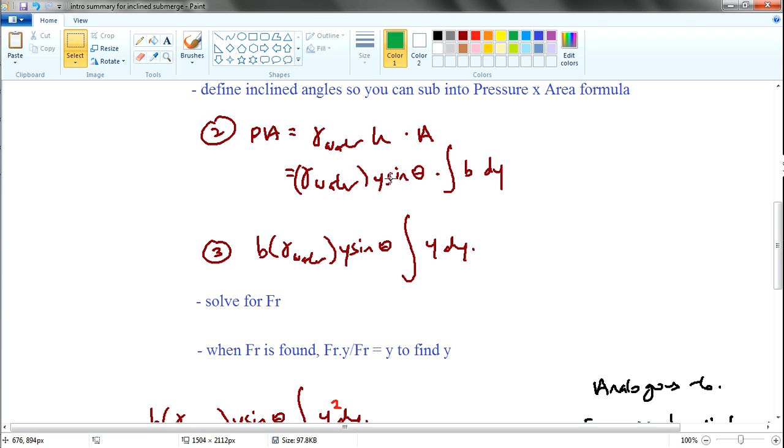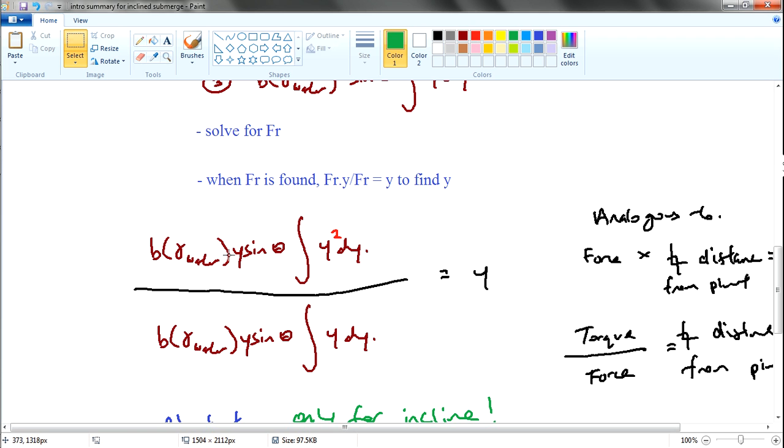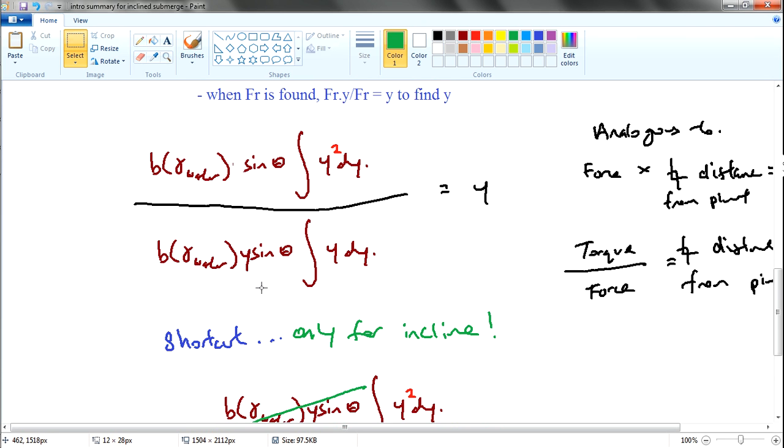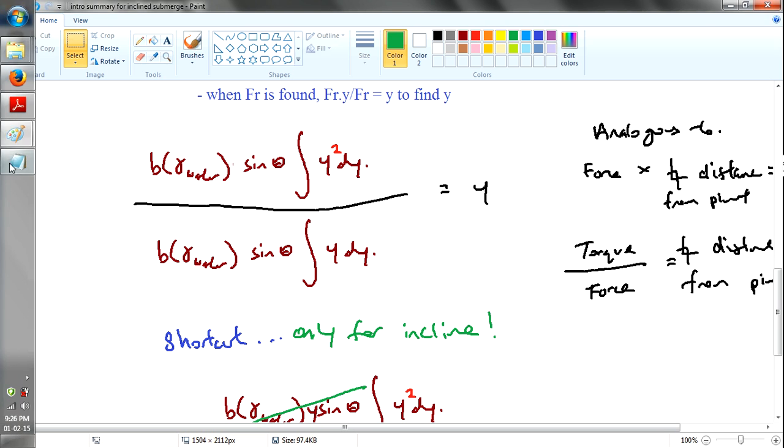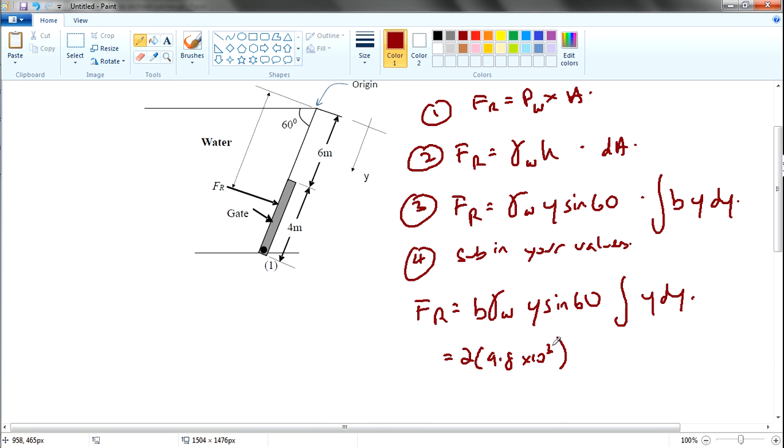So when you bring out the b and put in the y, you bring this y inside and bring this b out, and you will have your force F r as this equation. This is a terrible mistake I made, so I hope you can understand what I mean. With this in mind, let's go back to here.